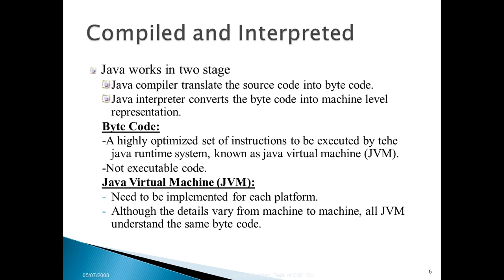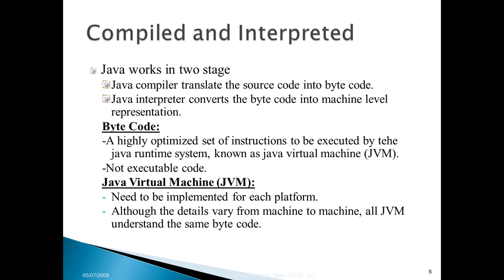Now there is a machine called Java Virtual Machine. This machine can understand the byte code. So wherever, on any machine, to execute the Java program, to execute the byte code, you should have a Java virtual machine.